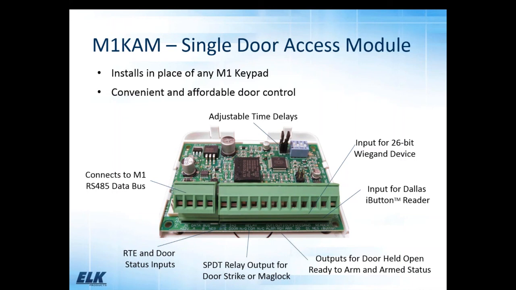Like say if it's address 1, it's output 193, for example. That's really important with the M1KAM because you are going to be using this output for sure to control your locking mechanism in I'd say most all cases.